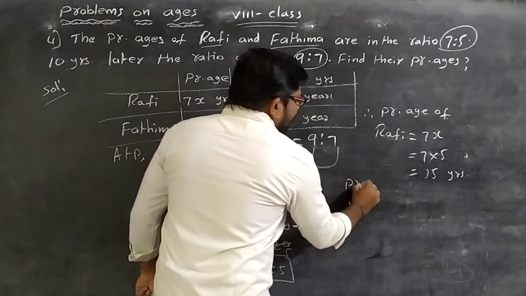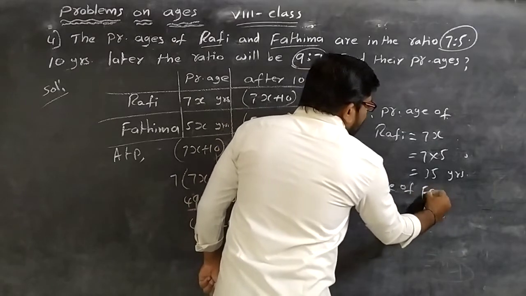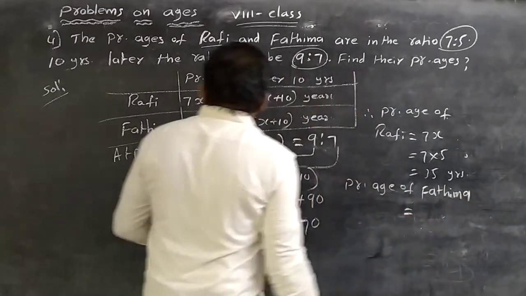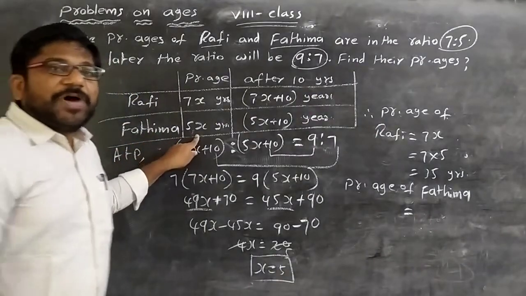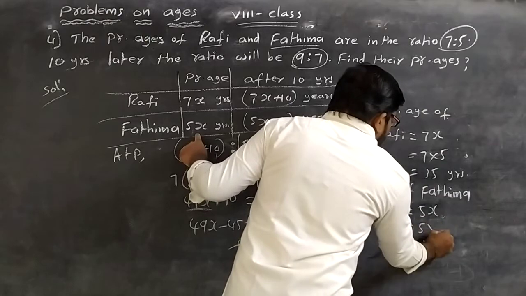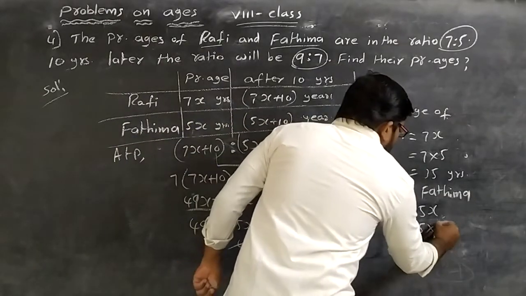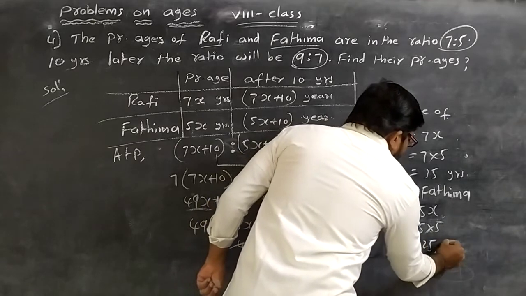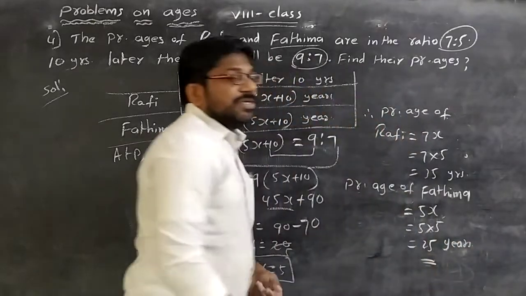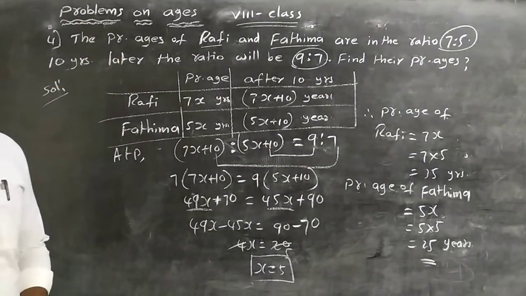Next, present age of Fatima is 5x, that is 5 into 5, which is 25 years. So this is a very, very important problem. Practice well.